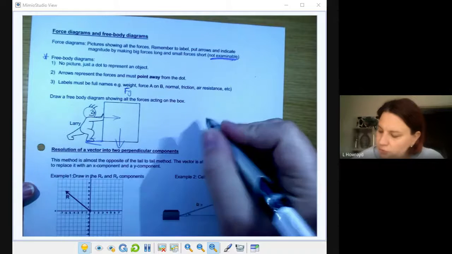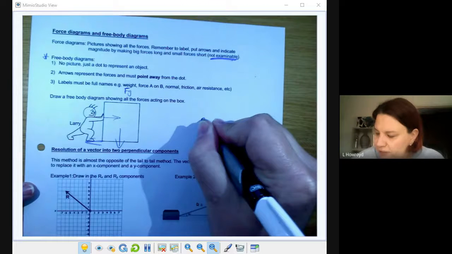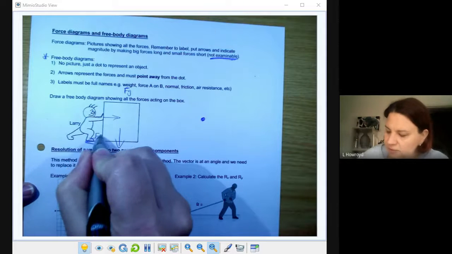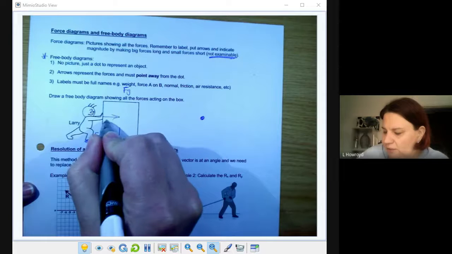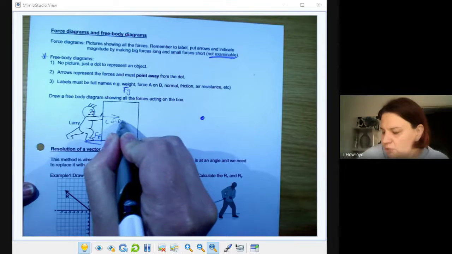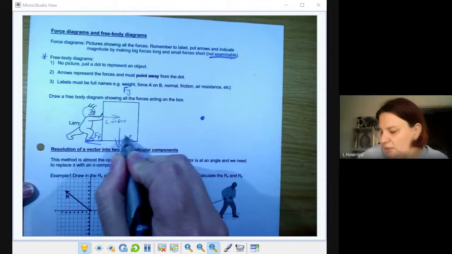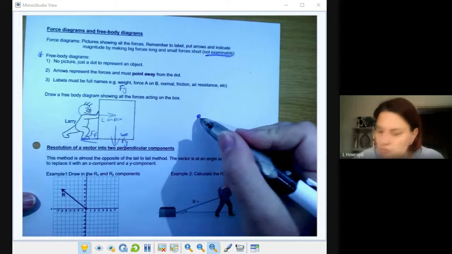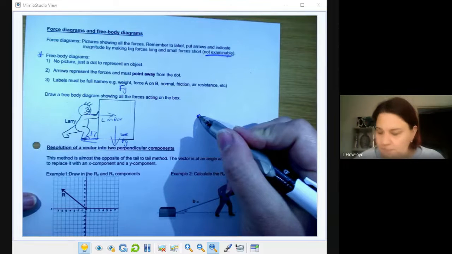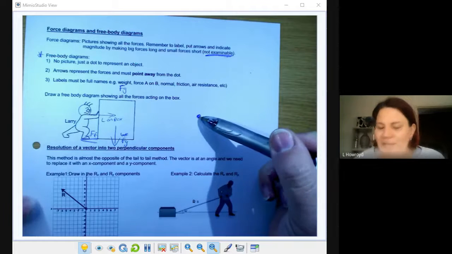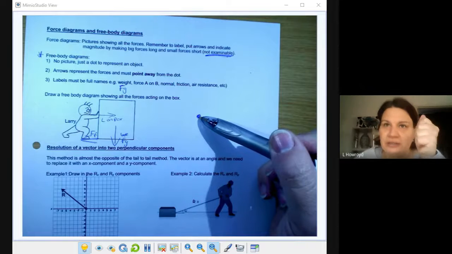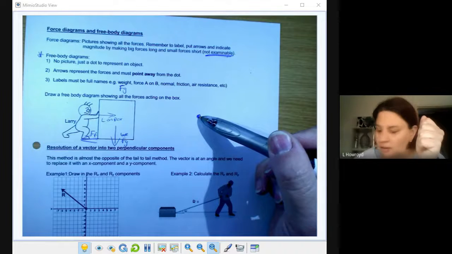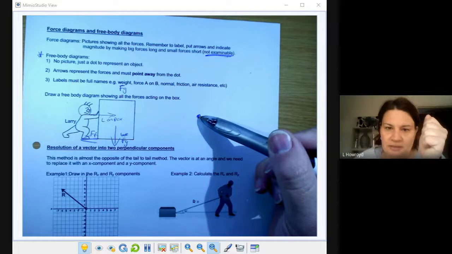If I now had to draw a free body diagram, so this would be considered a force diagram, and you can do that. That's friction. That's Larry on the box. This is weight, so I can even go FG here. That's just a force diagram. Now I'm going to do a free body diagram. A free body diagram means whichever object is experiencing the forces, that is what the dot represents.